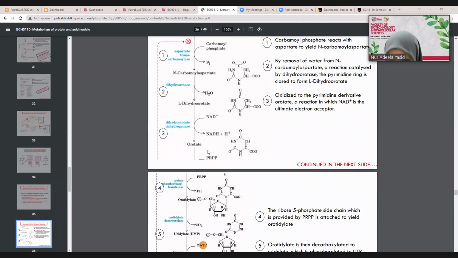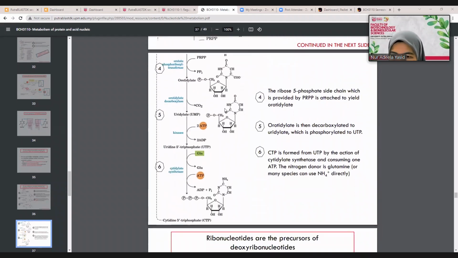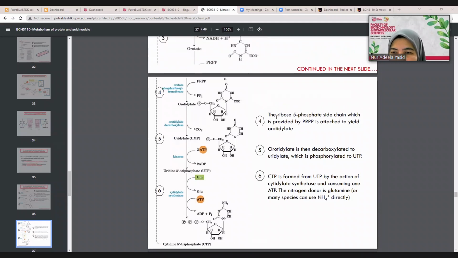From orotate, here it already involves ribose 5-phosphate. Now we have orotate, ready to be attached to ribose 5-phosphate to form a nucleotide.